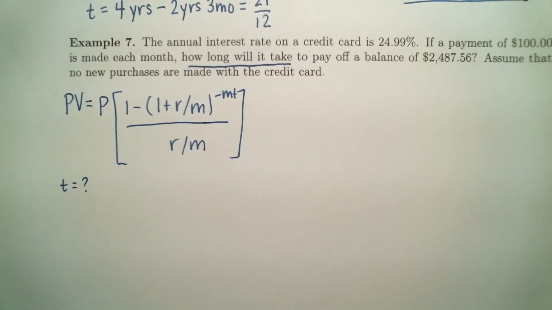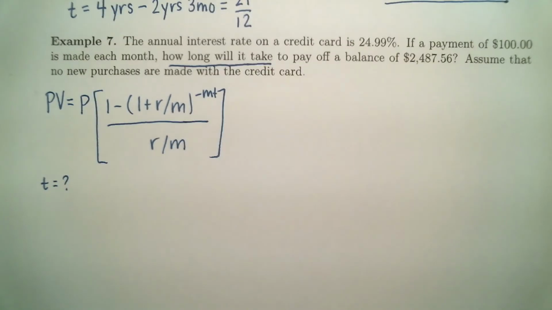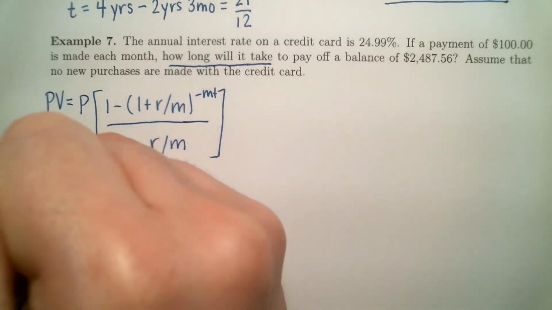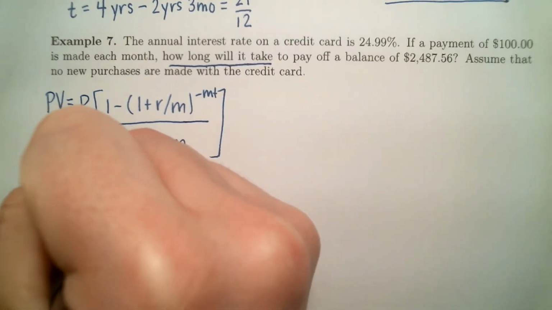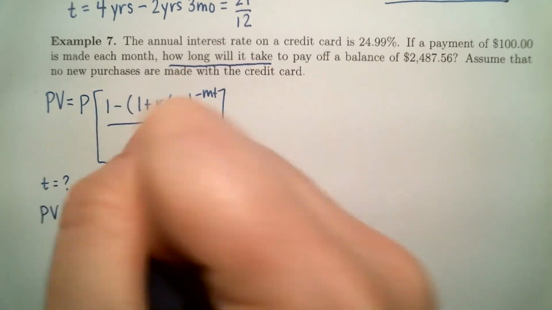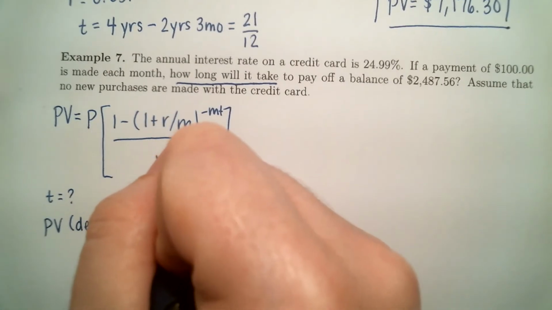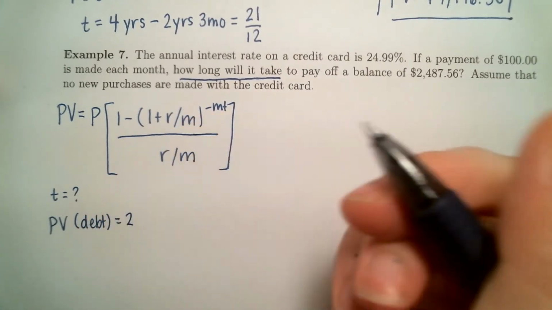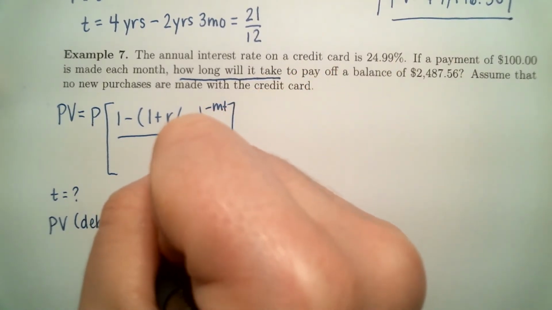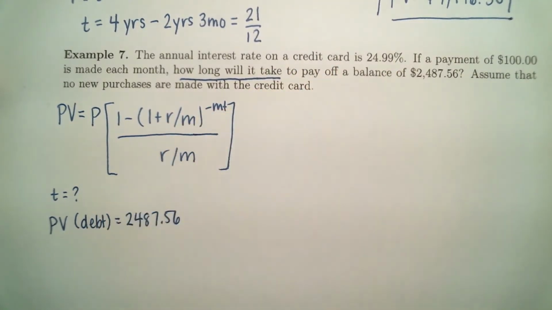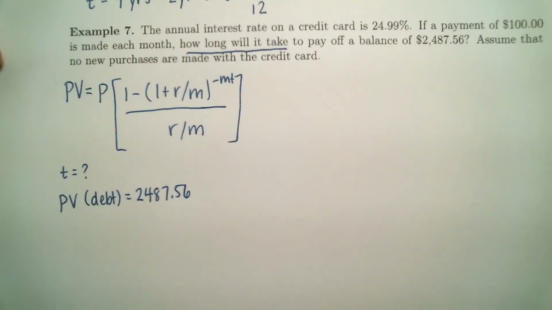Remember, PV is equivalent to D. The debt is how much you owe on your credit card. So the PV, which is the debt, is $2,487.56.